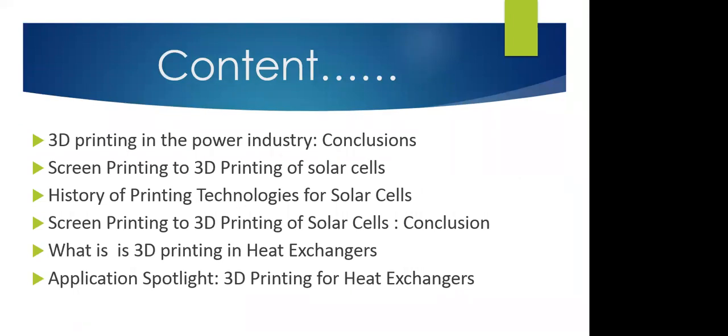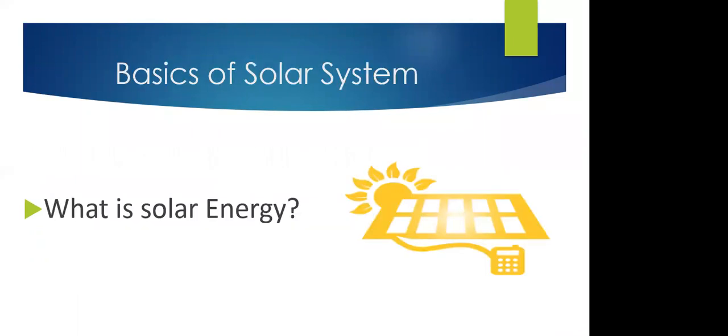Next, screen printing to 3D printing of solar cells, the history of printing technologies for solar cells, and what is 3D printing in heat exchanger and its application. Let's start with the basics of solar system.